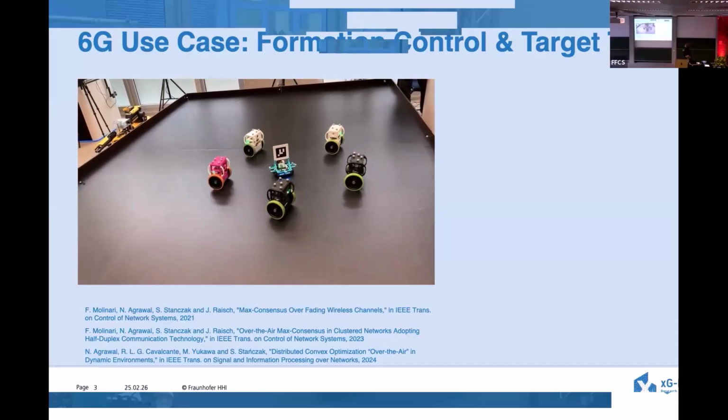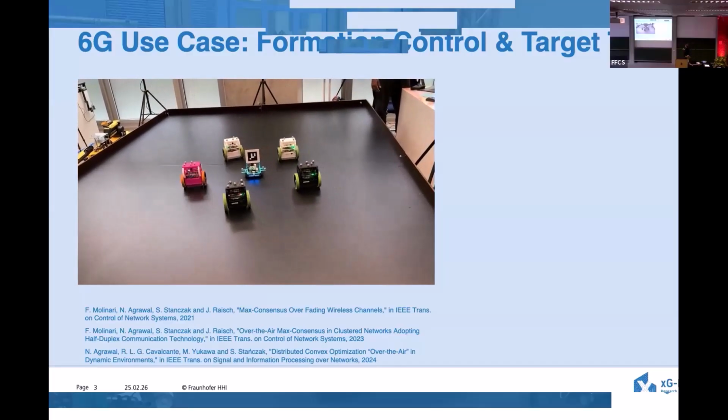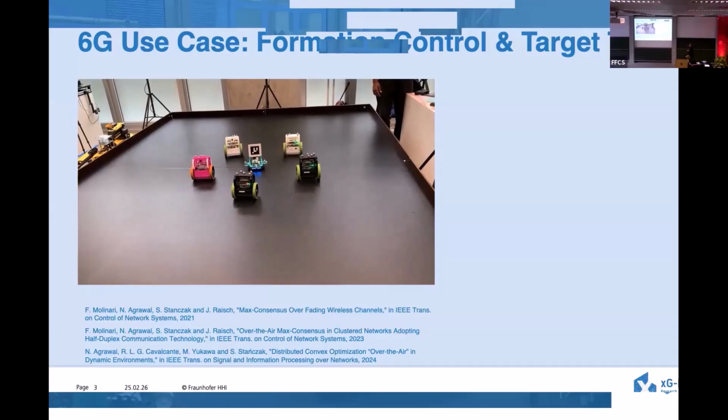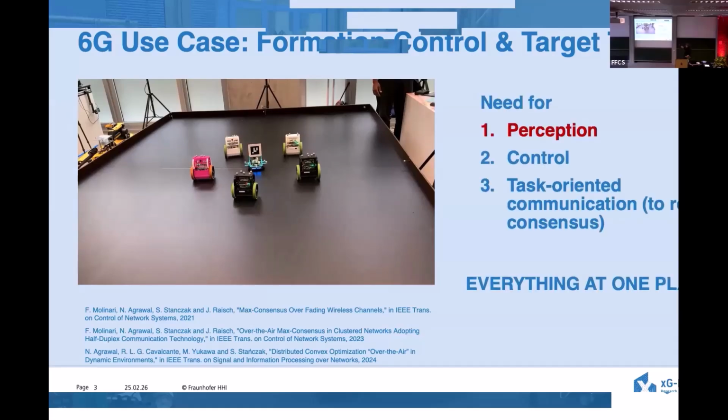What I am trying to say here is that in order to realize something like this, we have a combination of perception or localization, and control. We have an unstable system. These robots are unstable, so you need some kind of local controller, but also task-oriented communication, because they need to reach consensus.